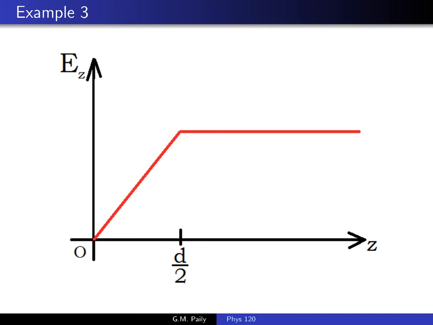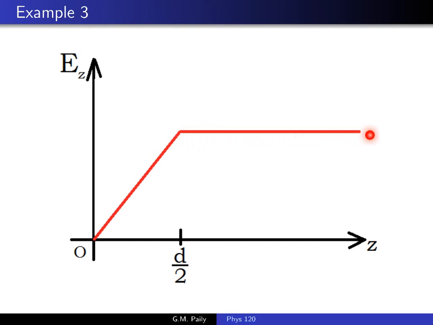Once again, if we plot the z component of the electric field in this case as a function of z, starting from the center where the field is 0, we see that the field increases linearly because the electric field is a linear function of z until we reach z equals d over 2, which is where the sheet ends.